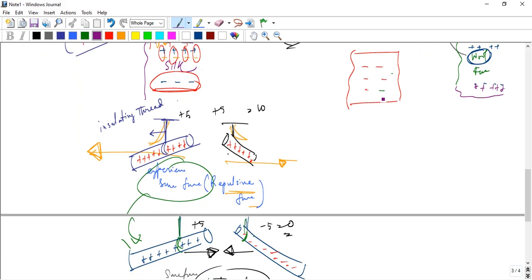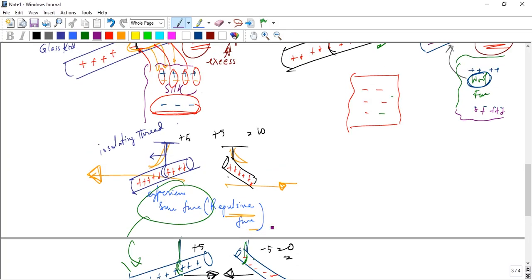When you rub a comb in your hair 10-20 times and bring it close to a very small piece of cutting paper, we see that the paper is attracted to the comb. This is some attractive force.